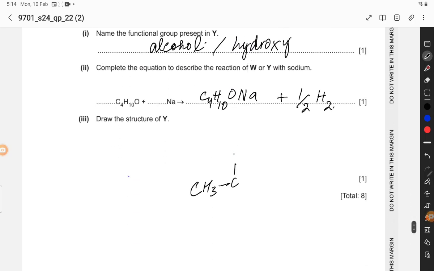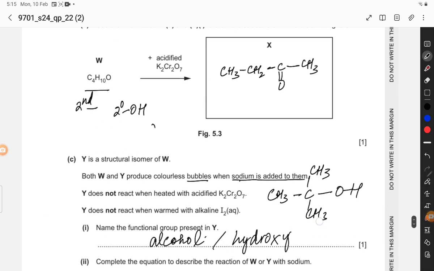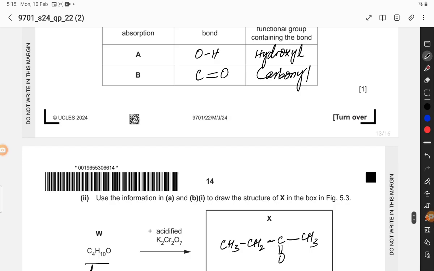So it is a tertiary alcohol, with OH. So this is all about this question paper, Paper 2, May June 24, question 2.